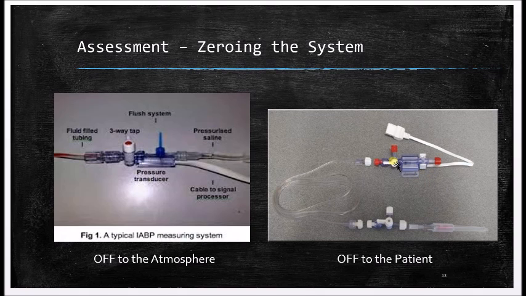Remember, whichever way the stopcock points to is the pathway that is closed. The other two are open. Like this one, open this way, closed that way. This one, open this way, and closed this way.